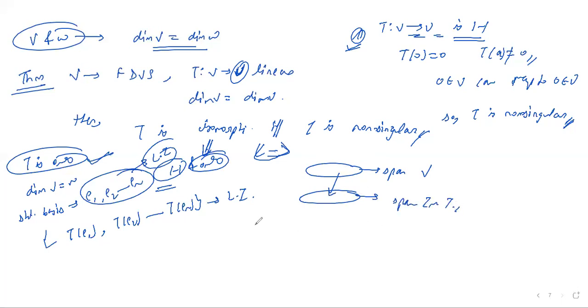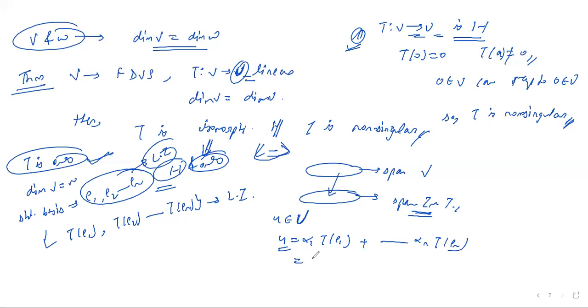So let's consider a vector u which belongs to U. As these image vectors are spanning the image of T, I can write this vector u as a linear combination alpha1 Te1 to alpha n Ten.